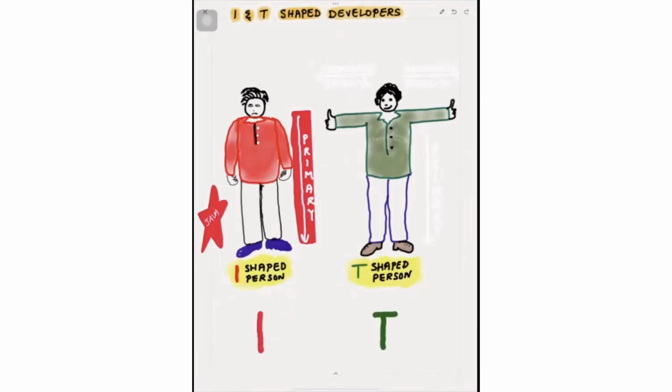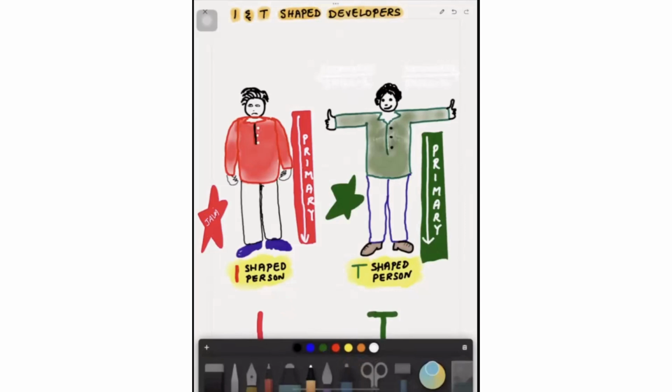So the right side person is called a T-shaped person. T-shaped person means in addition to the primary skill, for example Java, he is a star in Java. He can do anything with Java. But in addition to Java, he has a couple of secondary skills. For example, he may be doing manual testing. He may not be a star, but at least he can contribute. Maybe taking the happy path test cases, executing them, creating a report and giving it to the developers.